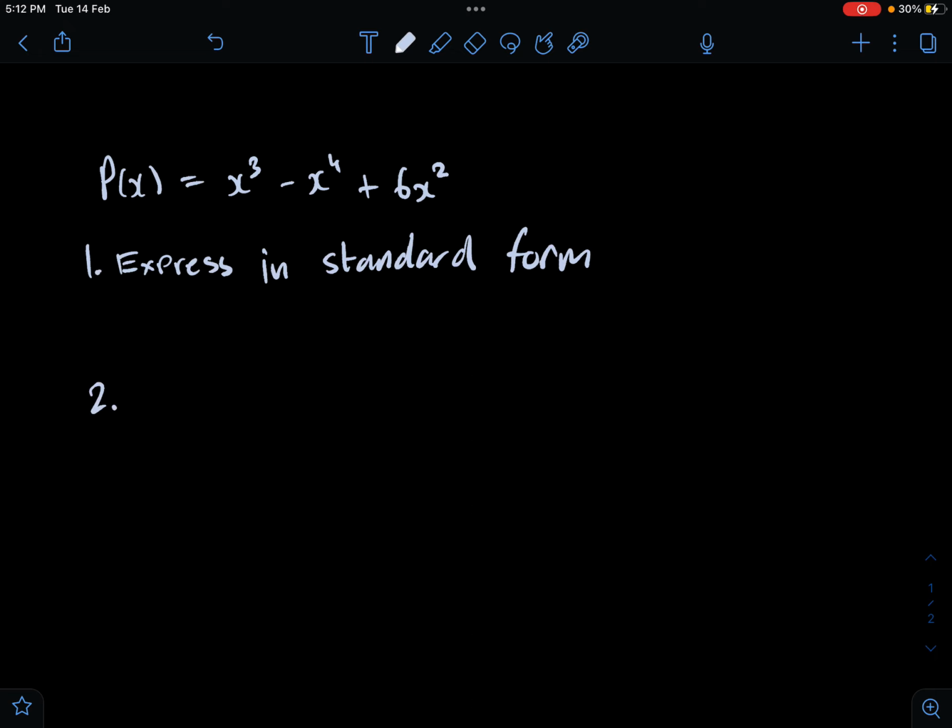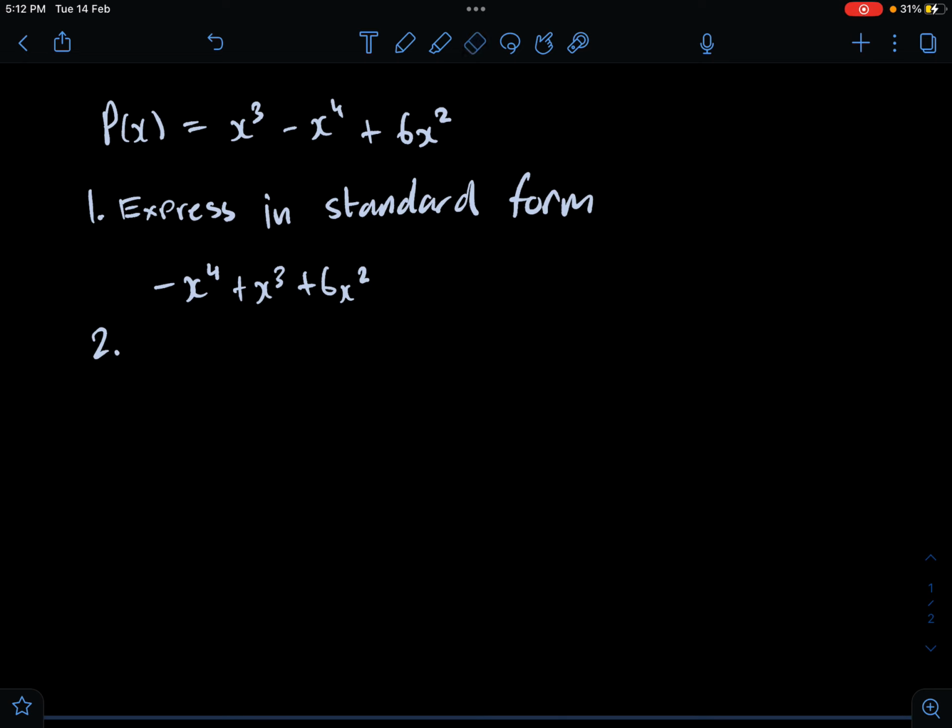So standard form is just in order of powers. So negative x to the 4, plus x to the 3, plus 6x squared. And a common practice with polynomials is to take out the negative.